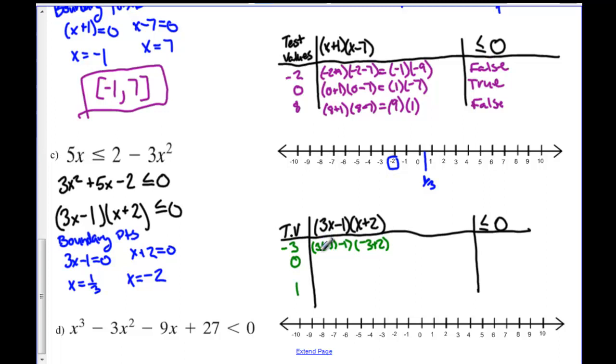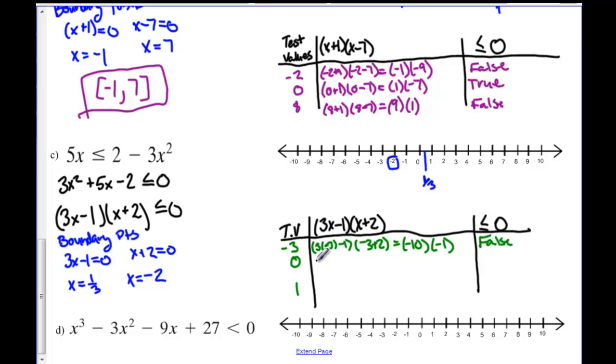So that's these. 3 times -3 is a -9. -9 minus 1 is going to give us a -10. And then -3 plus 2 is going to give us a -1. All right, so a negative times a negative is a positive, and a positive is less than or equal to 0. False, right? Positive is never less than 0 or equal to it, so false.